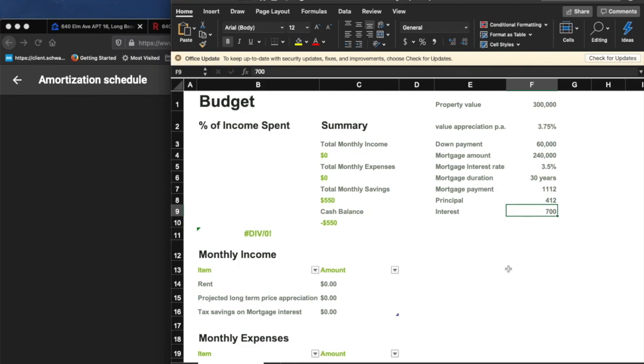One is maybe you want to look at the property purchase as a whole as an investment. From an investment perspective, how much will your money grow if you put that money into this investment? And another, a second calculation, would be looking into the cash flow. So how much money would this property put into your pocket every month?